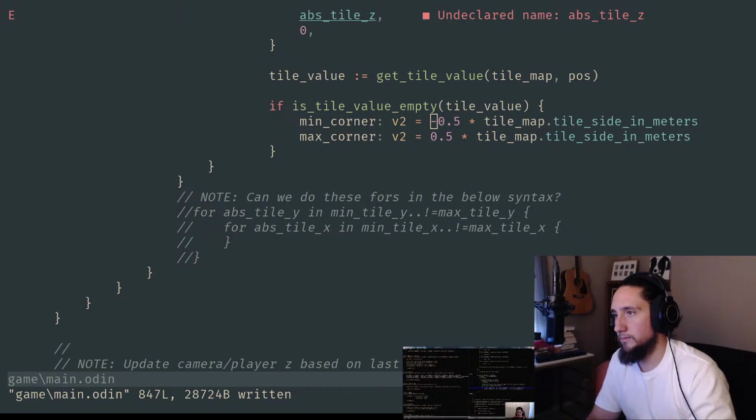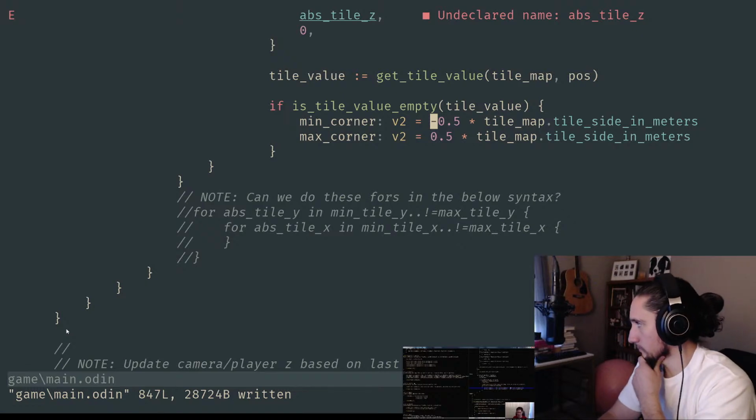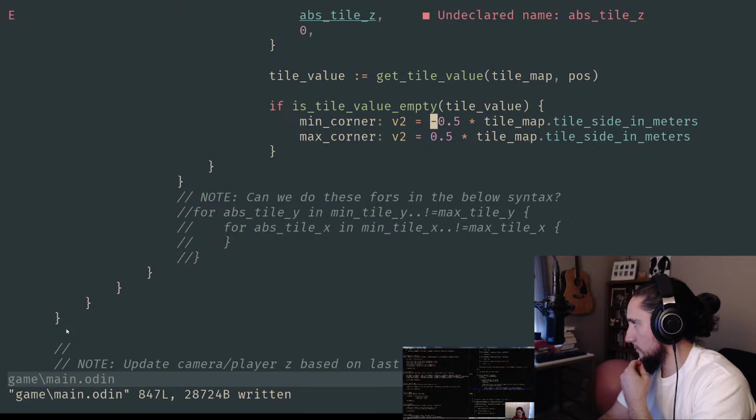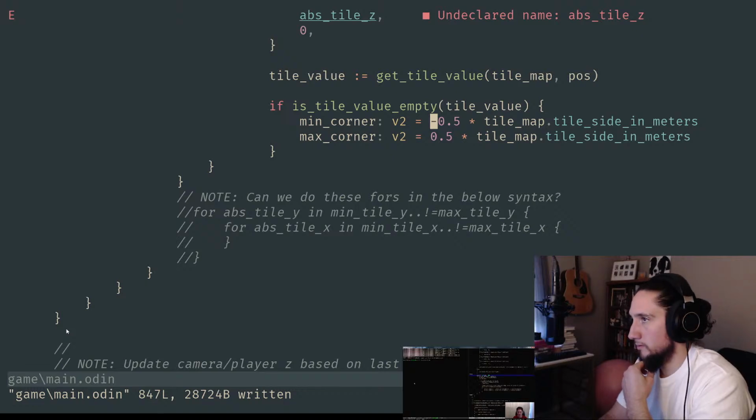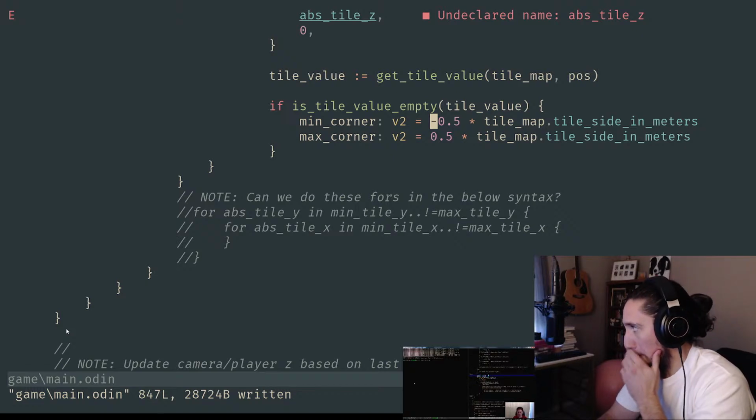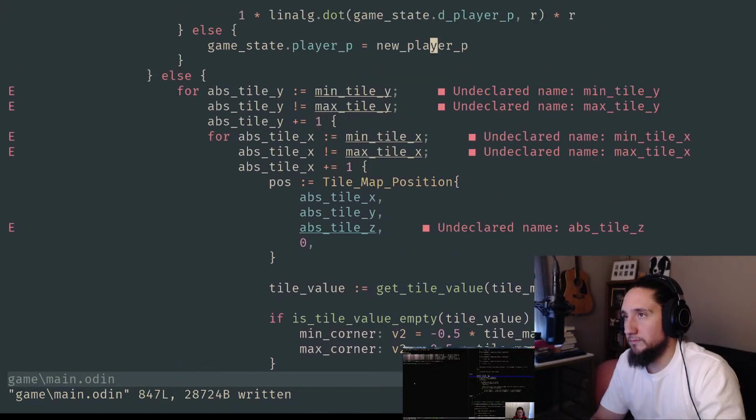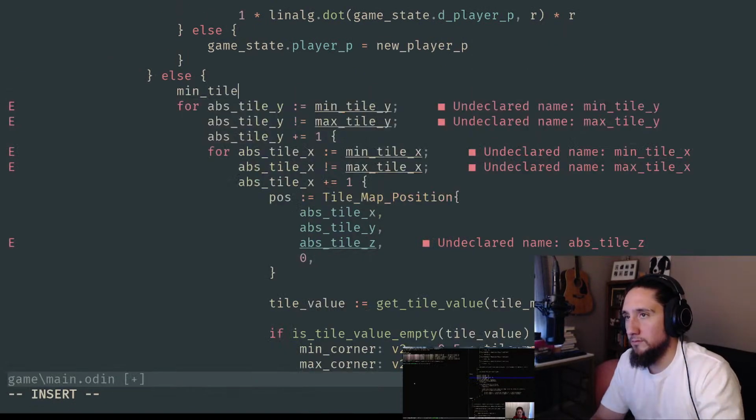I can also say, if I wanted to, and here's an interesting thing too, again for vector, I could do this, which is kind of handy. And that, like so, I believe. And I've got to do these: min tile x, min tile y. So I've got to put something actually in there. 1 past max tile, 1 past max tile.